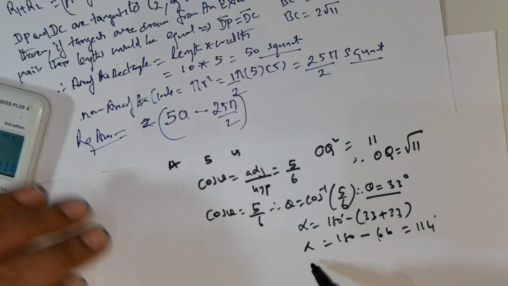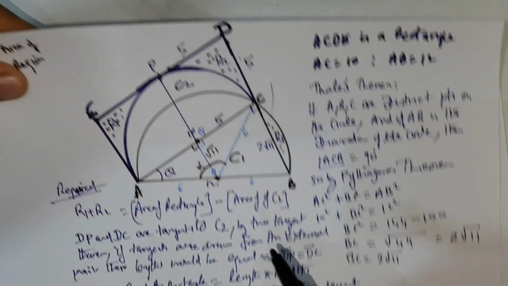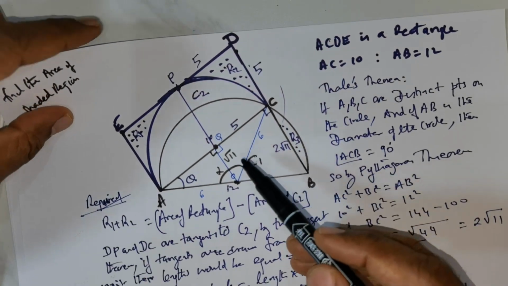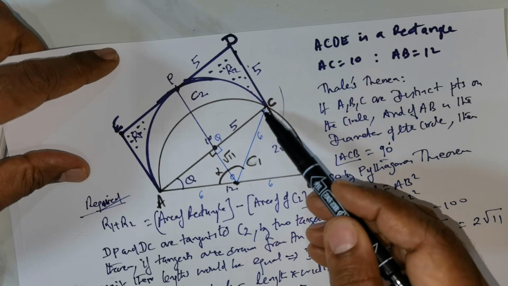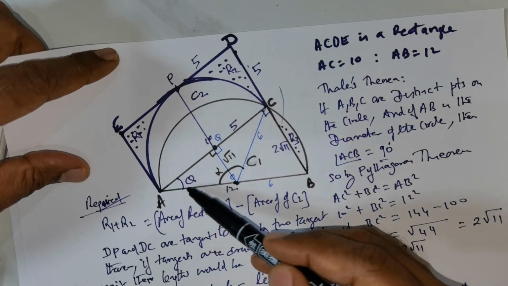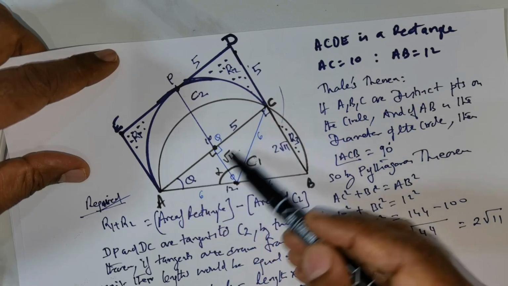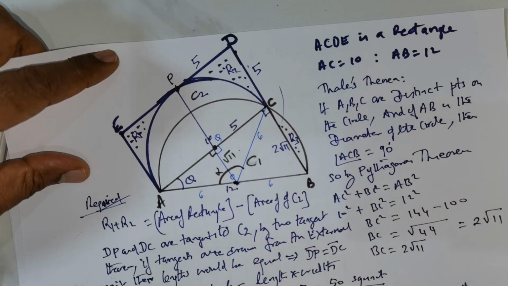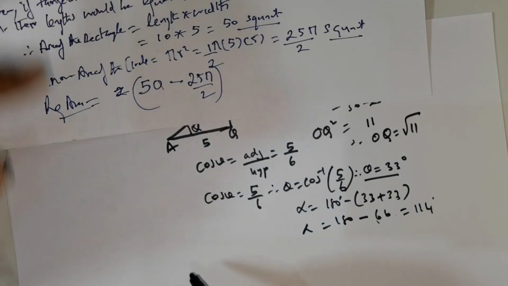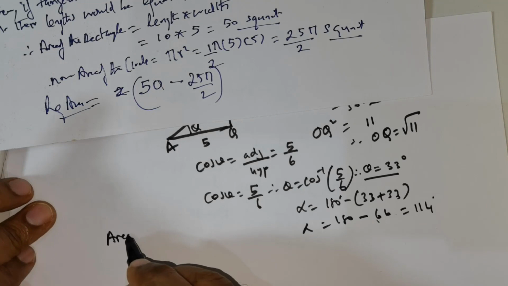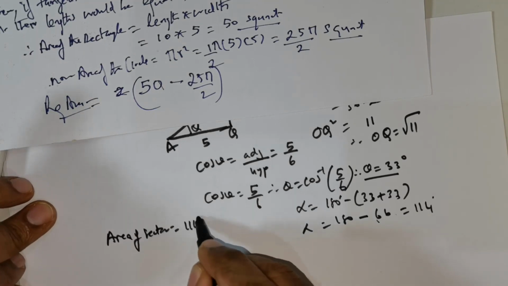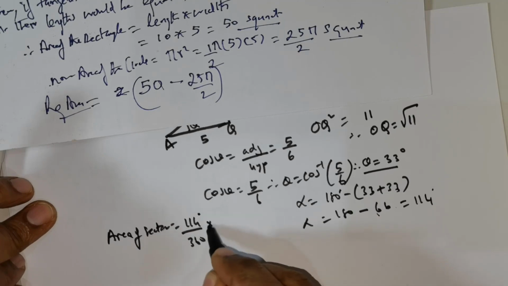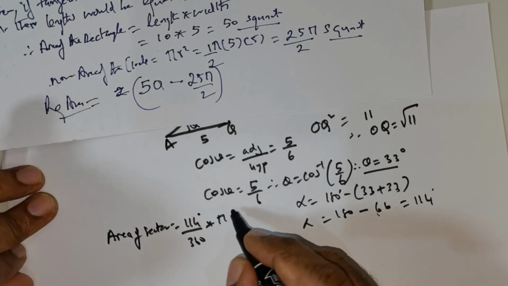So the idea is like this. We will get the area of the sector, and from the area of the sector I will take away the area of this entire triangle. So let me find the area of the sector. Area of sector is equal to 114 degrees divided by 360 multiplied by pi r squared.